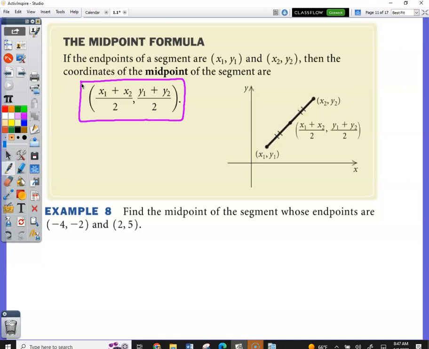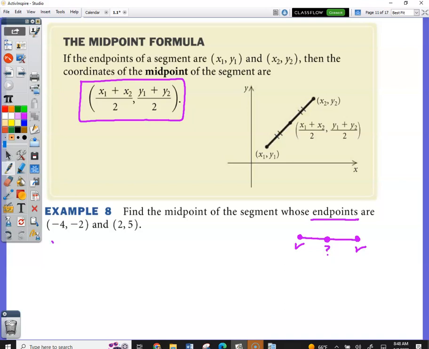So look at this example. Find the midpoint. This is a straightforward problem. They're telling you that you have this endpoint and this endpoint, and they want you to find the midpoint. So it's as simple as plug it in.